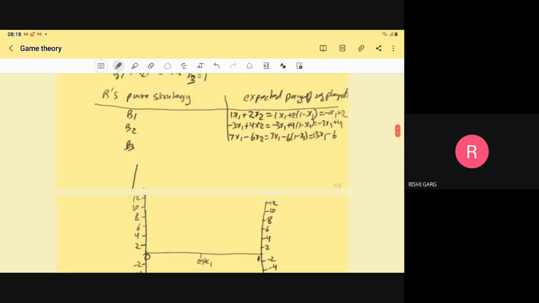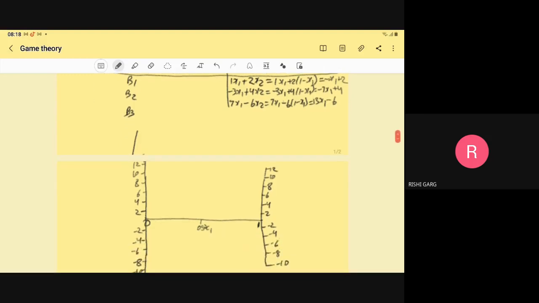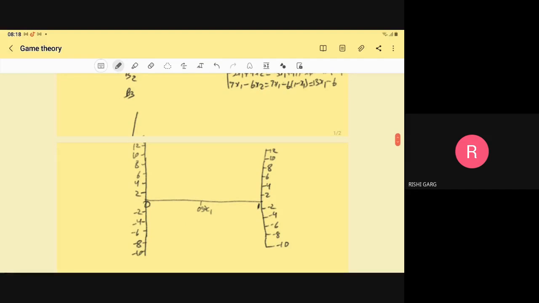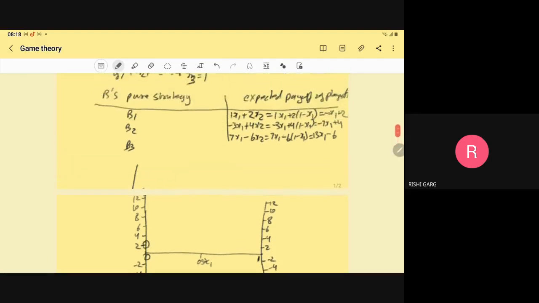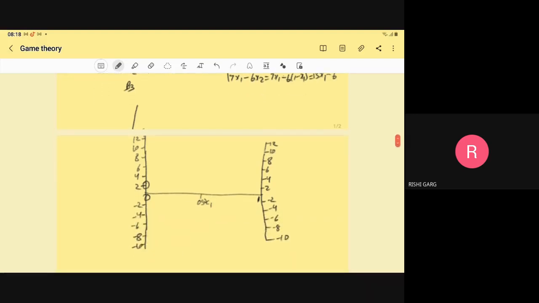The first expected payoff is minus x1 plus x2 plus 2. When x1 is equal to 0, it is plus 2. When x1 is equal to 1, it becomes minus 1 plus 1 plus 2, that is plus 1.